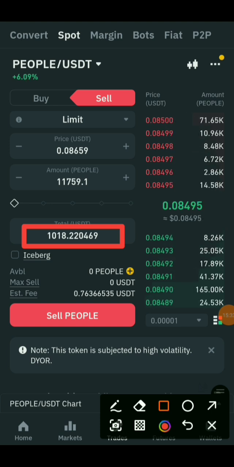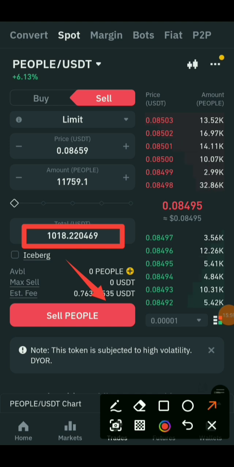And Binance will deduct a charge of 0.01% of any transaction, whether you're buying or selling. So at the end of the day, if you do the maths, you will see that the amount of fee Binance is going to take is roughly 0.763 USDT.